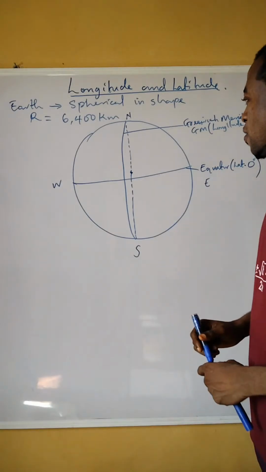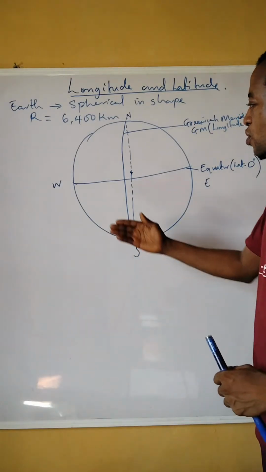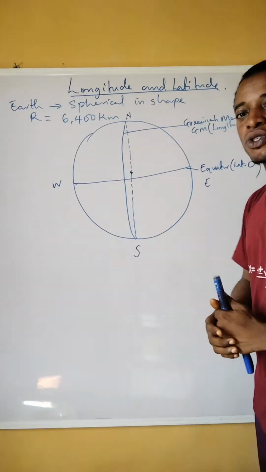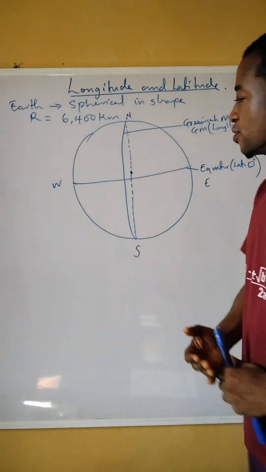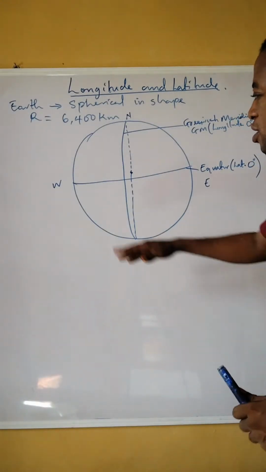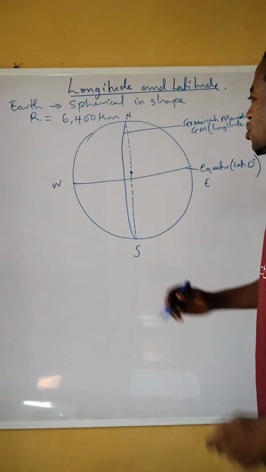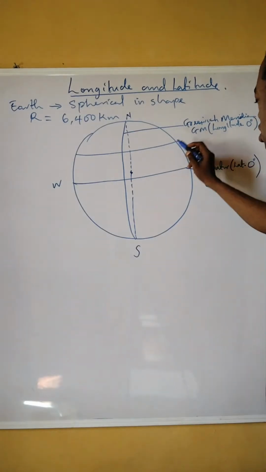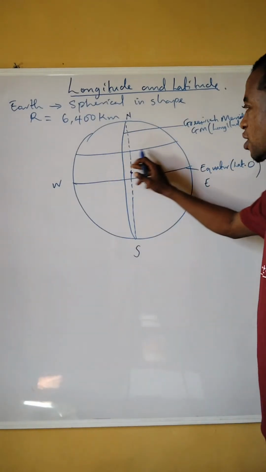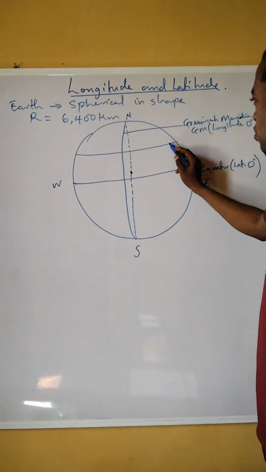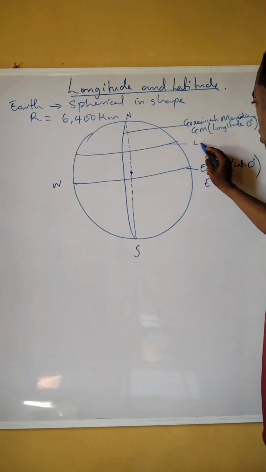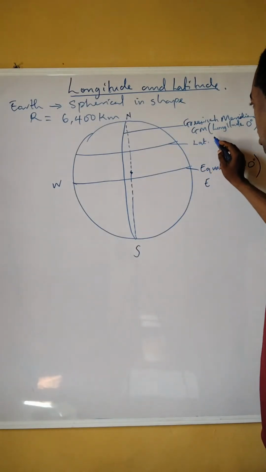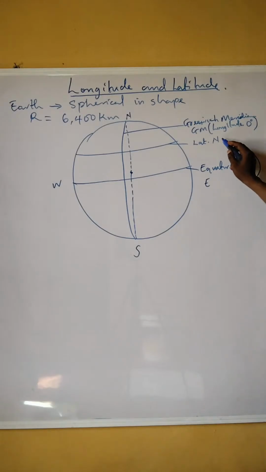Any line that is drawn horizontally on the surface of the Earth is a line of latitude. So all lines of latitude are horizontal lines. When we draw a horizontal line towards the north, this is latitude north of the equator.